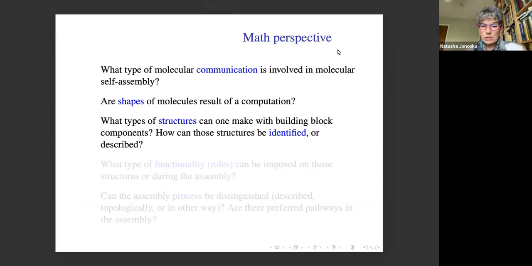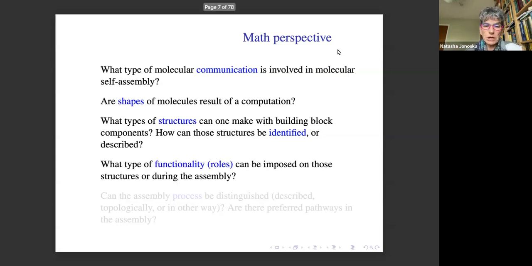What type of structures can one make with building block components? So imagine that I have these Lego block components. What are the structures that can arise by self-assembling these molecules? How can those structures be identified? How can they be described?